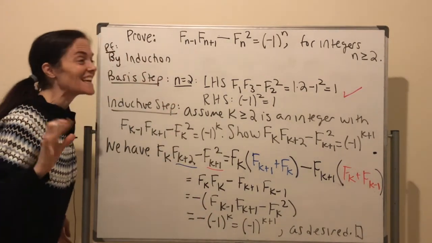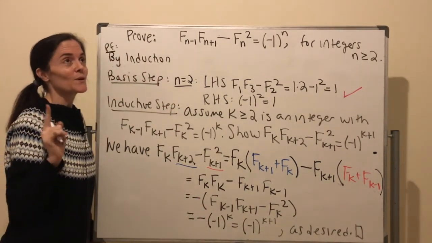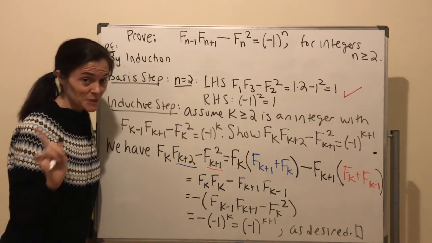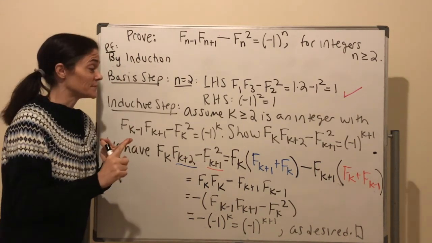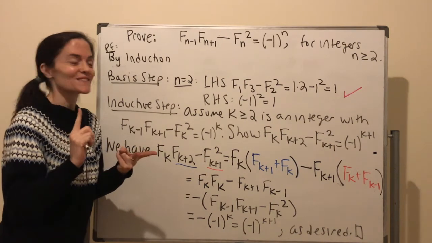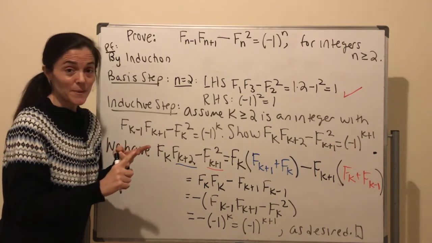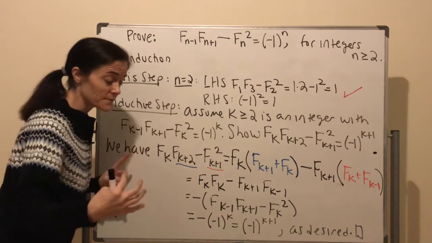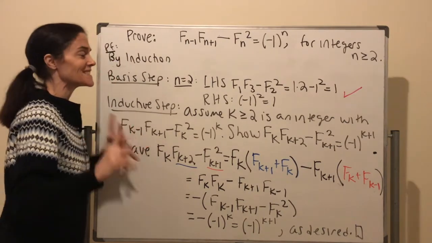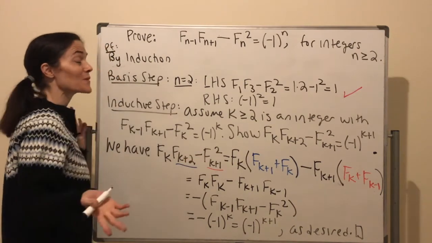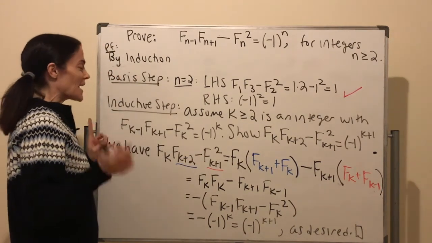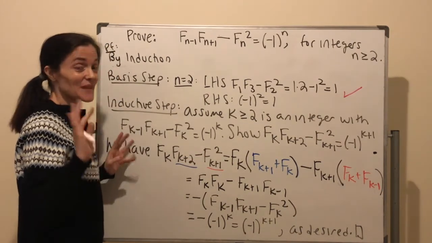So you see, just like the first two, which were, in my opinion, much more straightforward, we still used induction. We still used what defines Fibonacci numbers. In fact, I used the defining recurrence twice, here and here, and that's perfectly fine. I used the inductive hypothesis just one time, right?